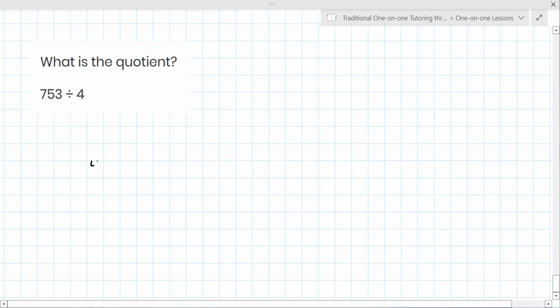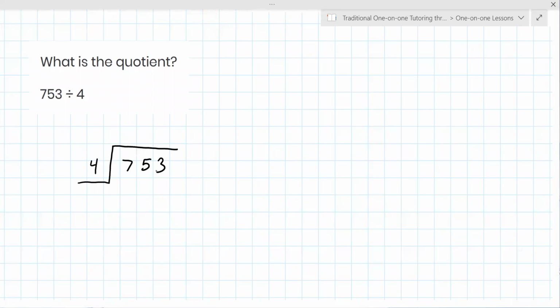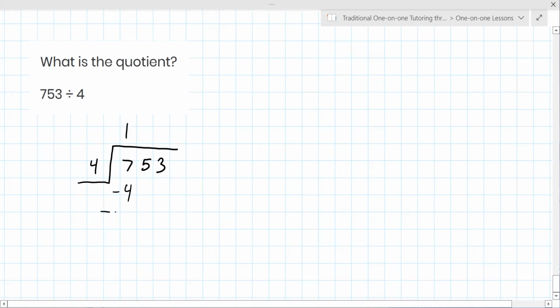So you're going to put 4 outside the house, 753 inside the house, and you ask yourself, how many times does 4 go into 7? 1 time, yeah. What is 1 times 4? 4. Okay, and so subtract here 7 minus 4.